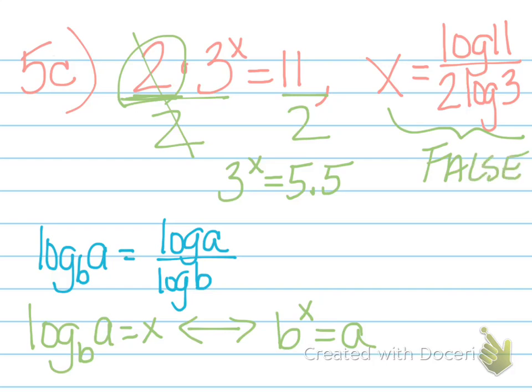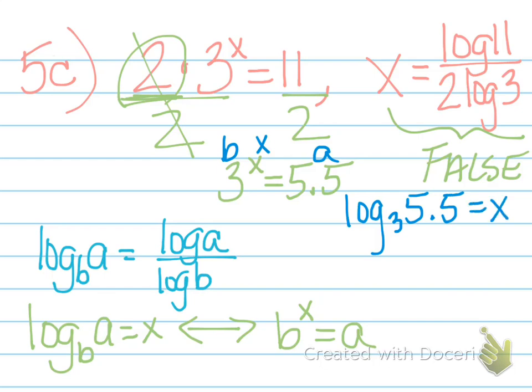And how would I rewrite it? Well, I'm still going to have to apply that change of base property, but it's going to look a little bit different. This is b, this is x, this is a. So this would be written as log base 3 of 5.5 equals x.